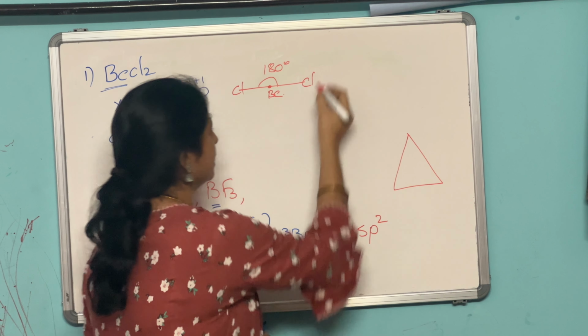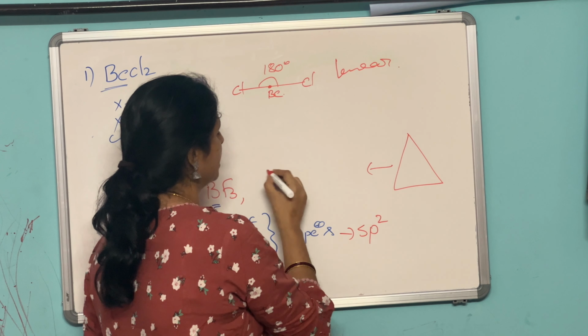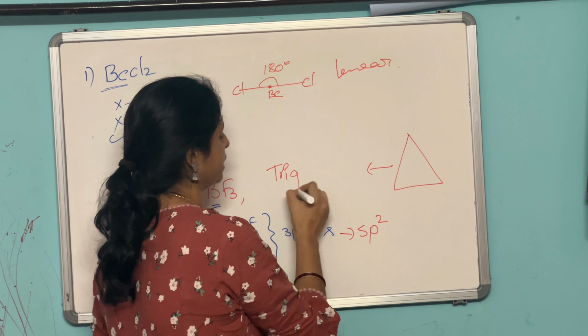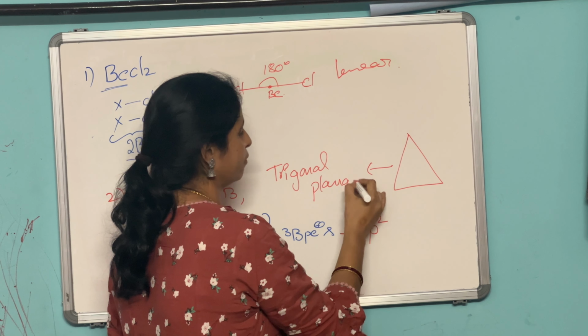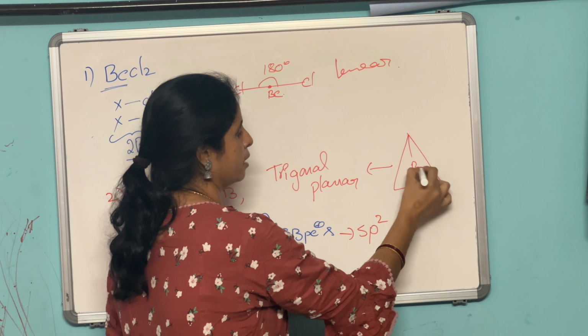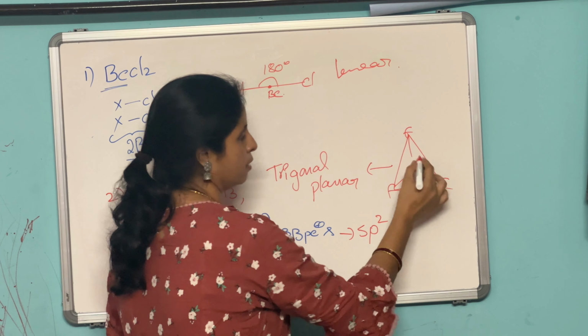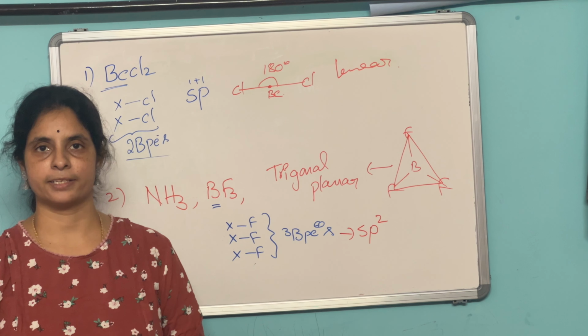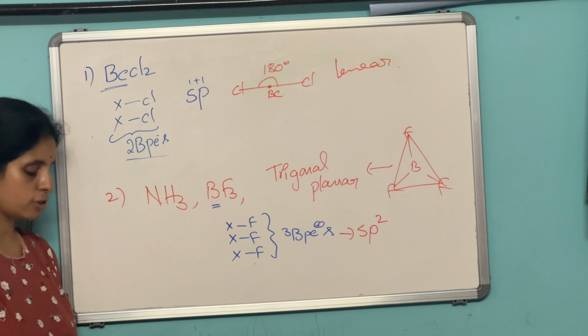It is trigonal planar geometry, with a bond angle of 120 degrees between the B-F bonds. Clear? So next you come to this nitrogen.